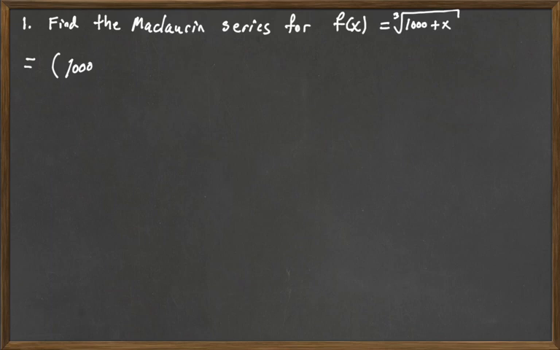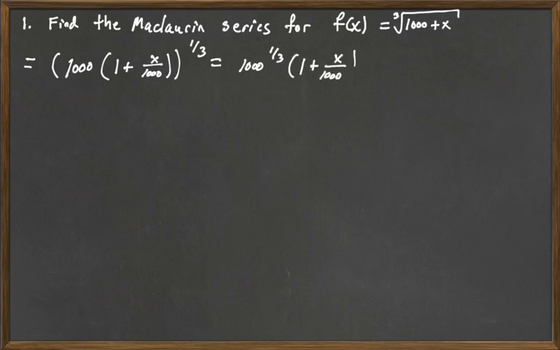I'm going to go ahead and factor out a 1,000, and so what I have is 1,000 times 1 plus x over 1,000, that whole thing to the 1/3 power, that's what the cube root is. Then using properties of exponents, this is 1,000 to the 1/3 power times 1 plus x over 1,000, and then that's raised to the 1/3 power.